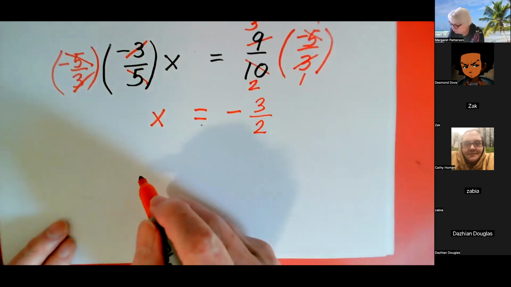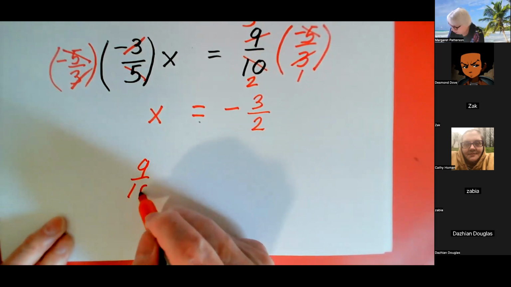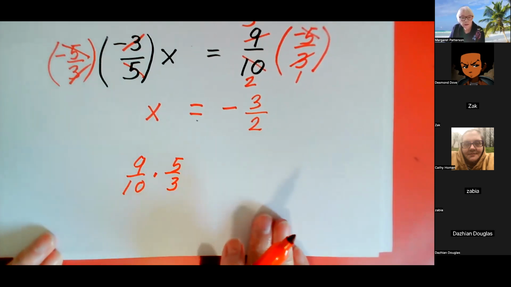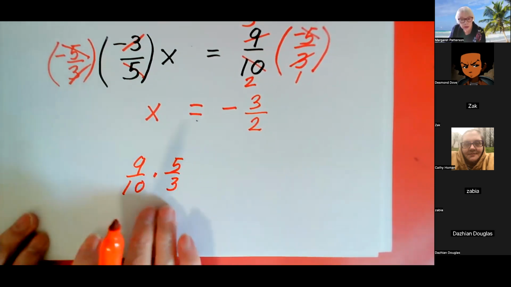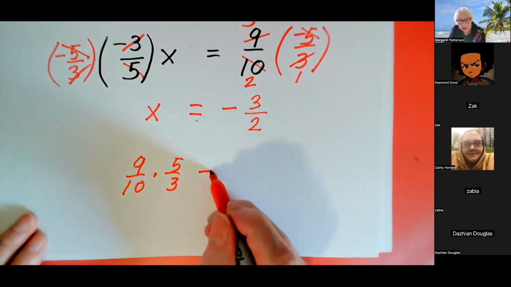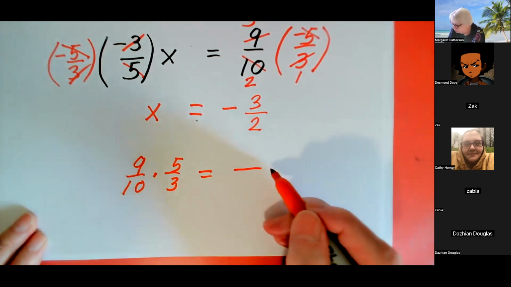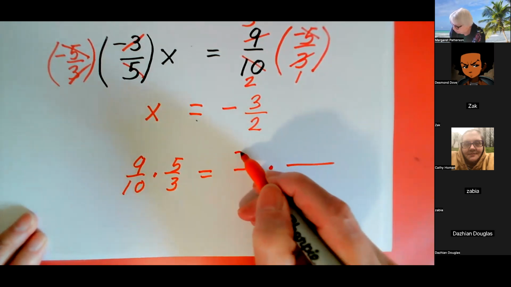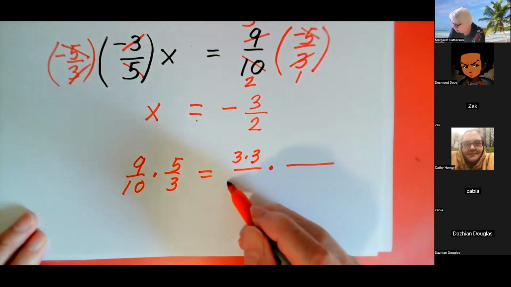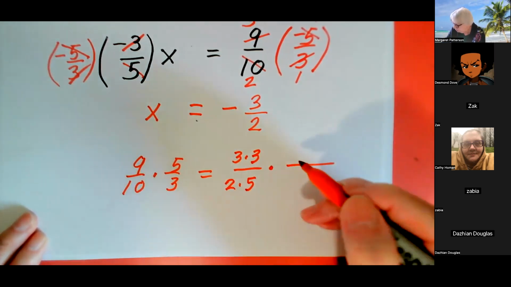Now, if you learned to do this, and I'm going to just ignore the negative for the moment and just focus on the numbers, you might have learned to do this as 3 times 3, which is 9. 10 is 2 times 5.